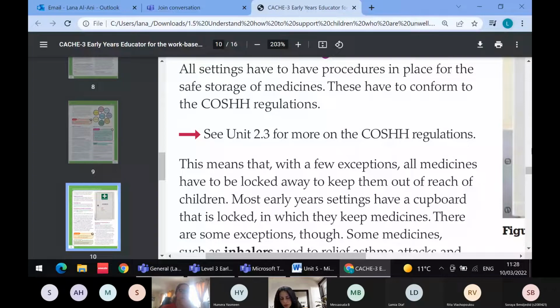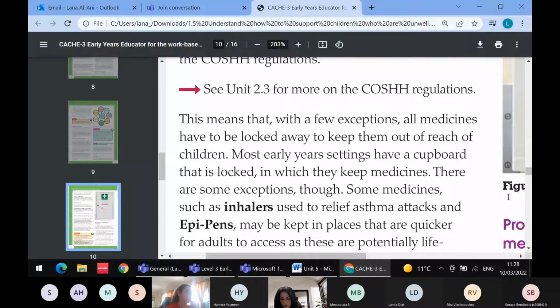So what do we have to do for this medication? We keep them in a locked drawer. Keep it away from kids. Very good. We need a cupboard specific for the medication. We label it properly and we keep it locked so that the children would not have access to this medication.